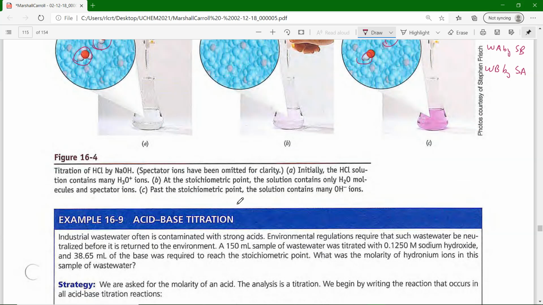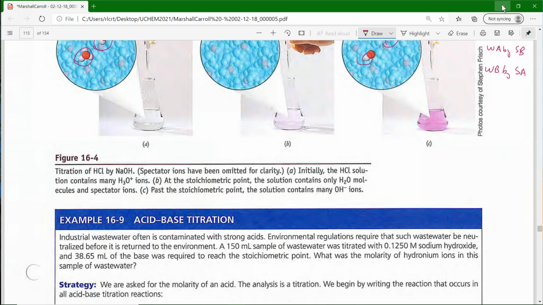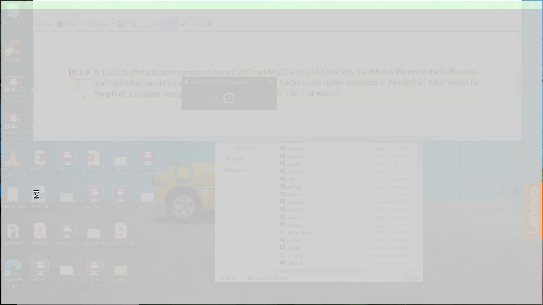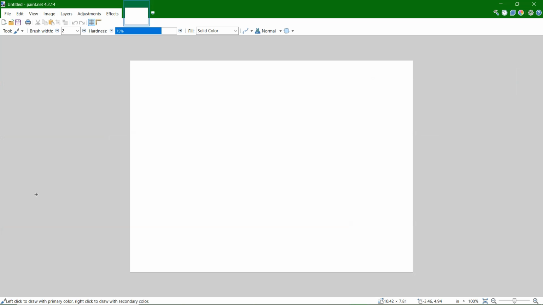And now I cannot even, okay, I'm going to have to minimize here and go to paint. Okay, so I'm opening paint again, and I'm going to do the question.